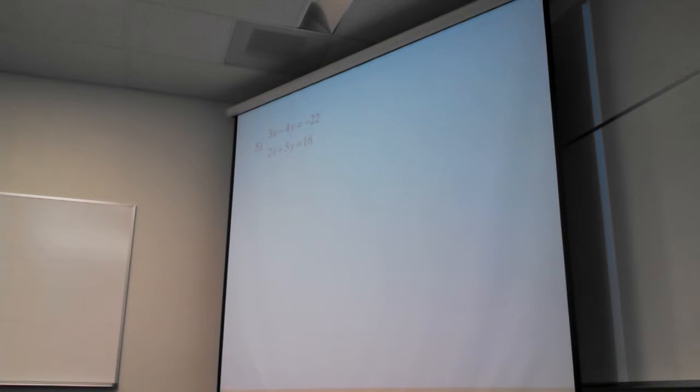So you multiply by negative 2. All right, so then this will be negative 6x. And negative times negative is positive, yeah. Okay. Cool.